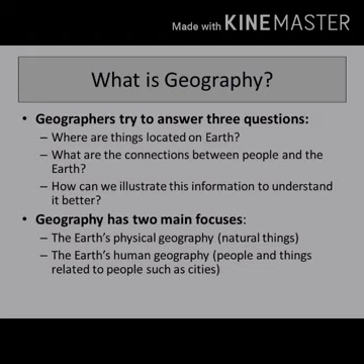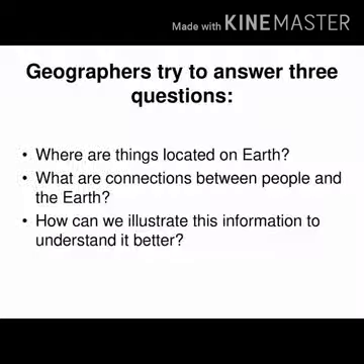Second, some questions are related to the distribution of the natural and human cultural features over the surface of the earth. These are the questions about where. Taken together, both these questions take care of distributional and locational aspects of the natural and cultural features.